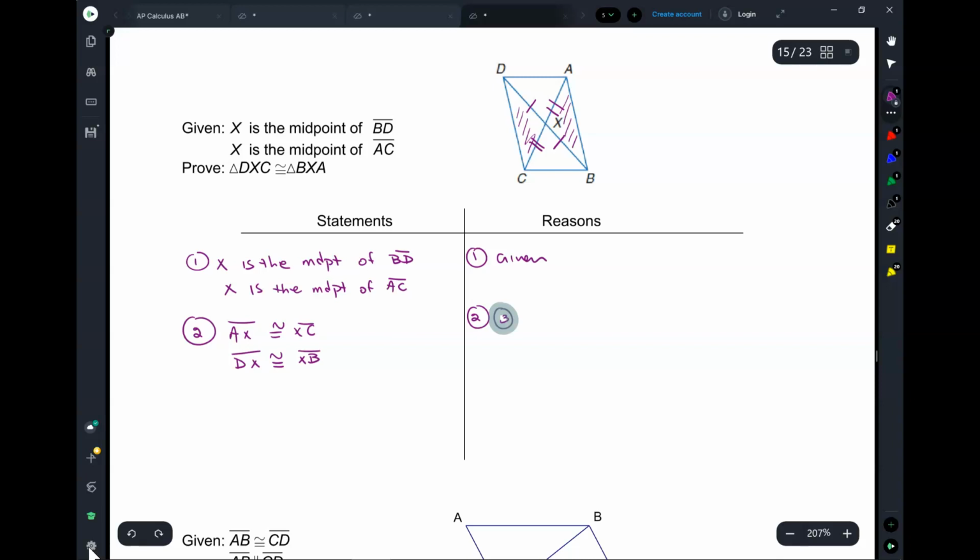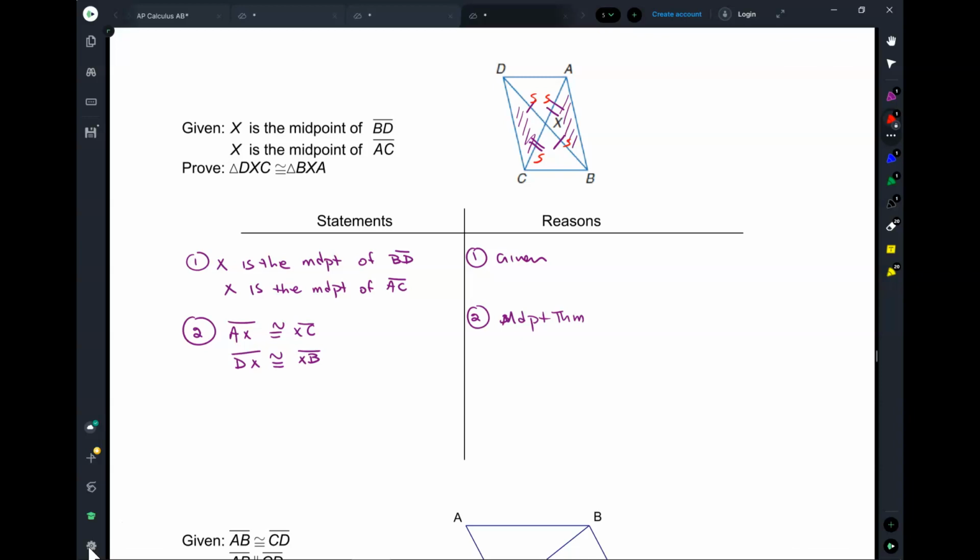What is this? This is the midpoint theorem. All right, what else? We either need SSS or SAS. What do you all think? So far, all I have is SS.